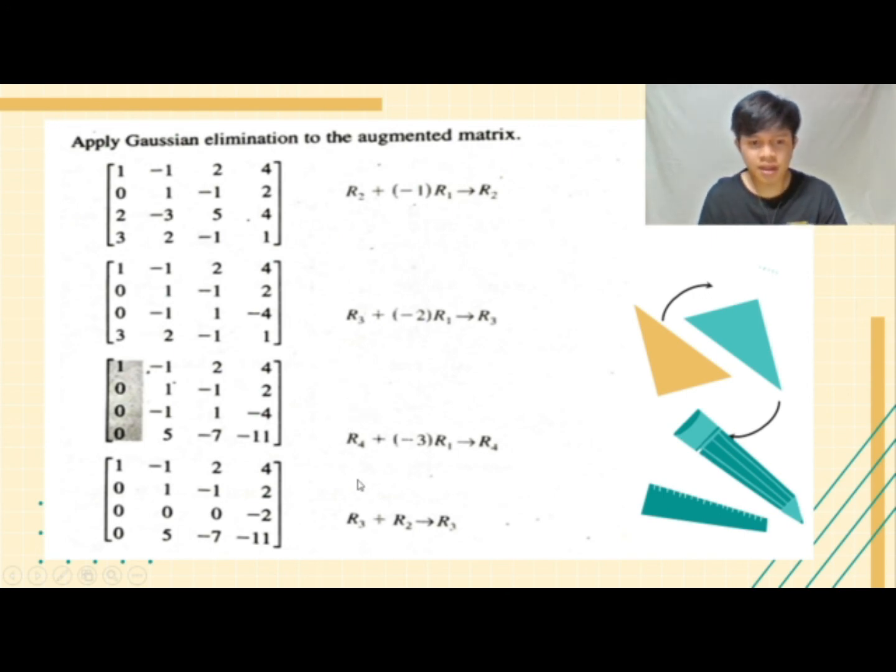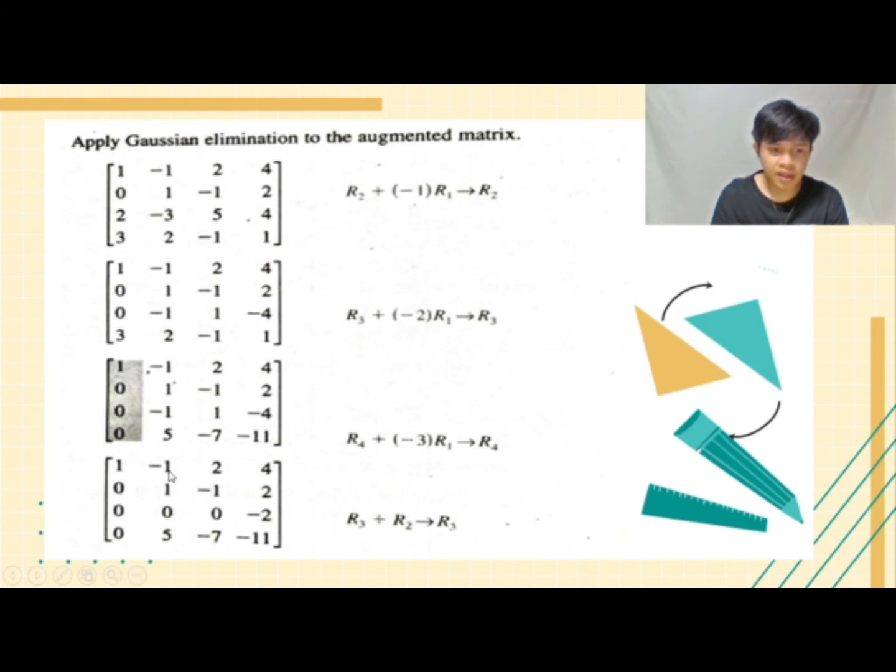So the last step that we are going to do is r sub 3 plus r sub 2 is equal to r sub 3. Okay, so what we will do is add row 3 and row 2. So 0 plus 0 is 0.